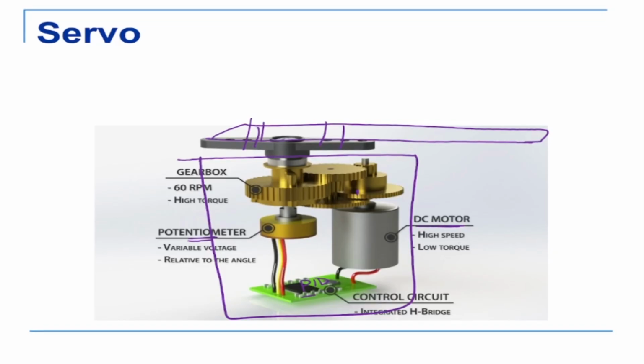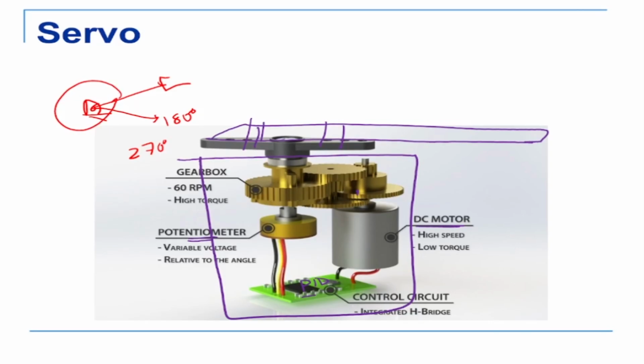The way servo motors are programmed is that in the case of a robot, the link doesn't rotate 360 degrees. At most it will rotate 180 degrees or 270 degrees. It is not going to rotate completely 360. So these motors need to rotate only 180 or 270 degrees.